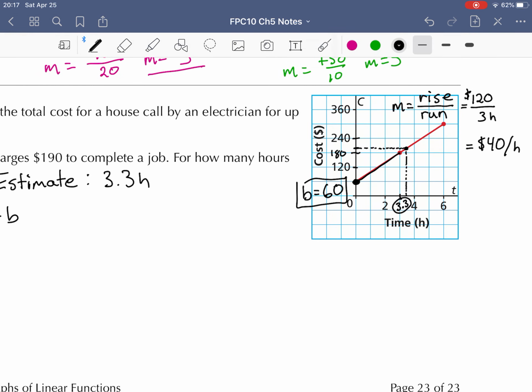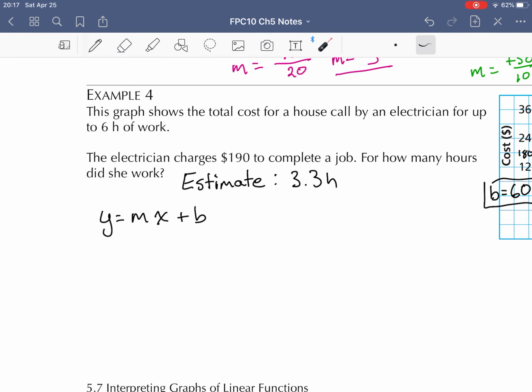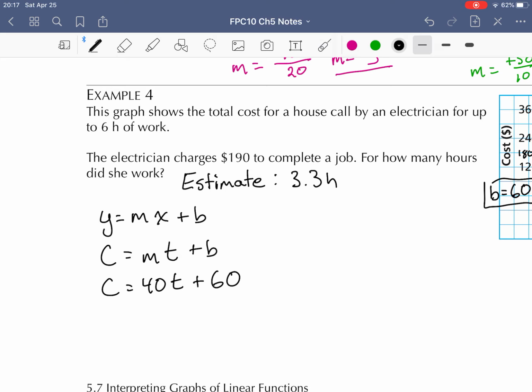Now, we don't use y and x here because if we look, we have c instead of y and t instead of x. So this becomes c is equal to mt plus b. Then c is equal to $40 per hour times the amount of time she's there plus her $60 call-out charge.